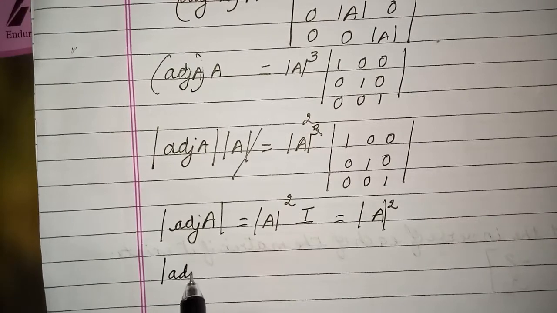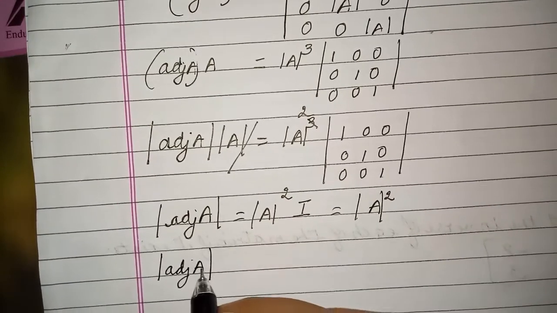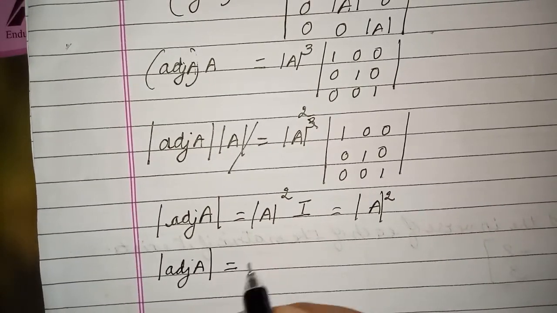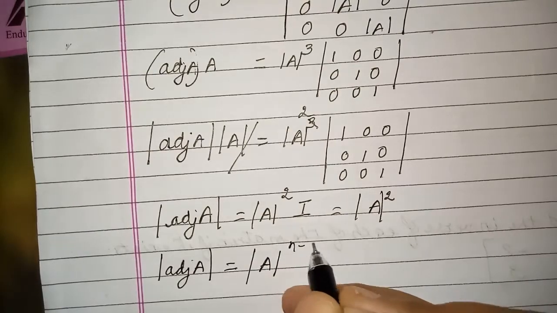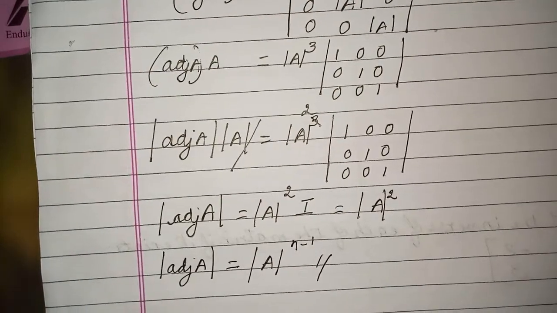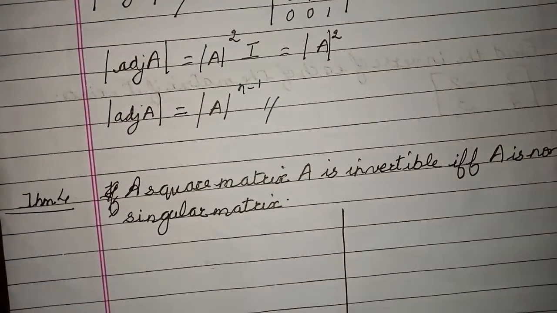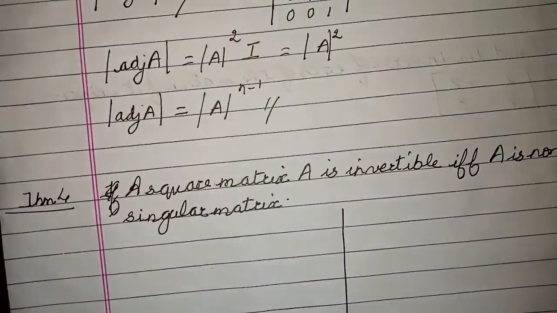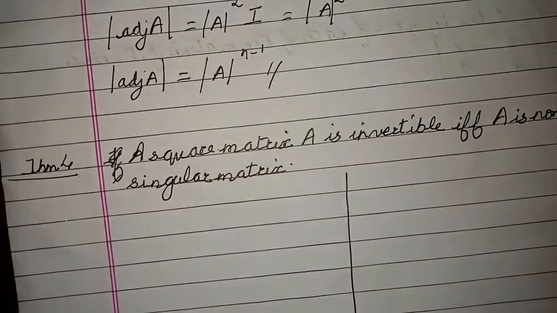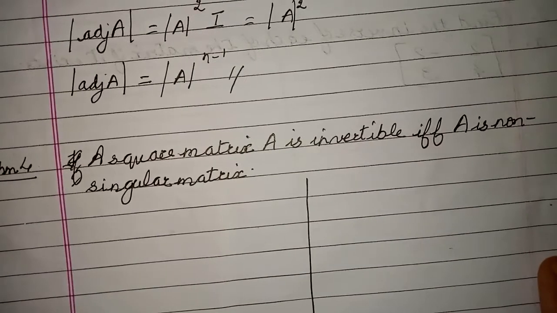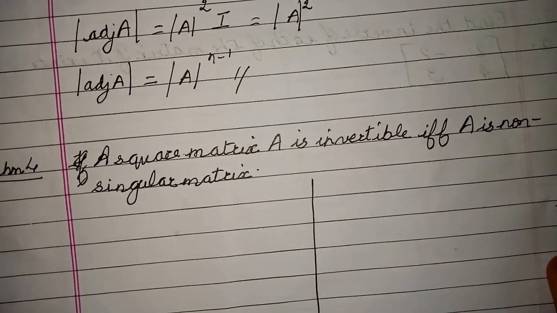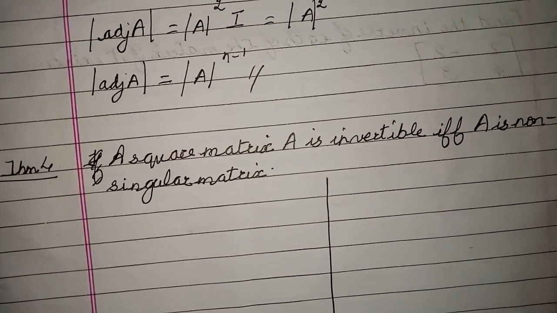So in general I can say, if A is a matrix of order n, then the determinant of adjoint of A will be the same as determinant of A raised to n minus 1. Okay. Now next one. So remember this formula, we will be requiring it in problems. Next one is: a square matrix A is invertible if and only if A is a non-singular matrix.